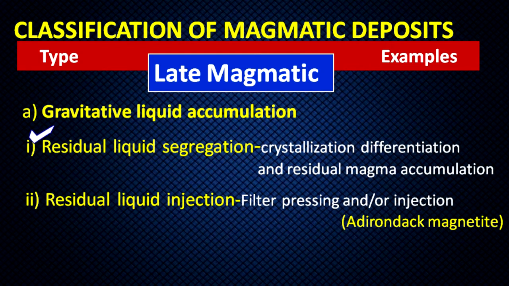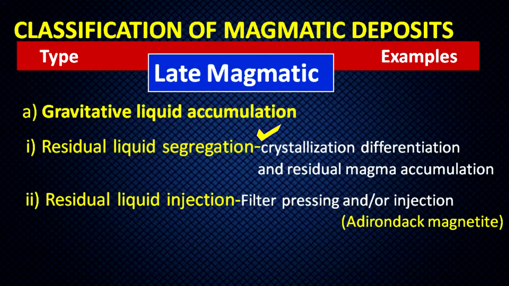One is residual liquid segregation, the other is residual liquid injection. See carefully, one is residual liquid segregation. Here the process of segregation is taking place under the influence of gravity, where crystallization, differentiation and residual magma concentration or accumulation are taking place simultaneously.